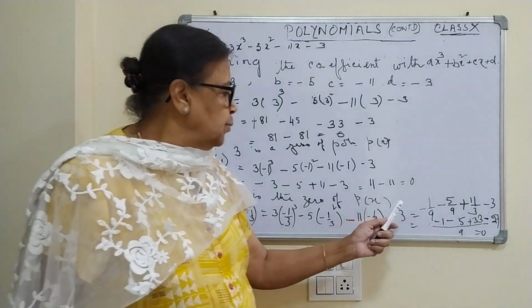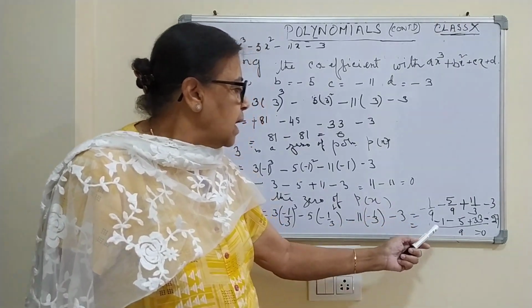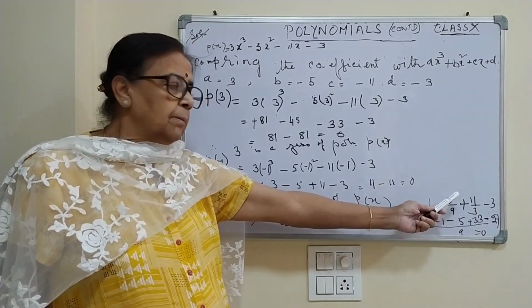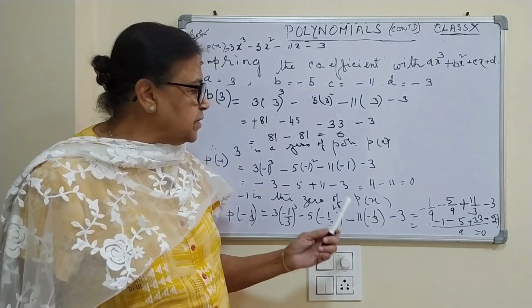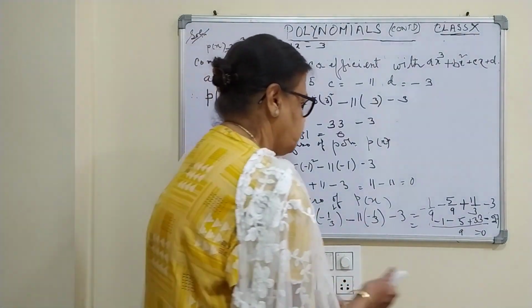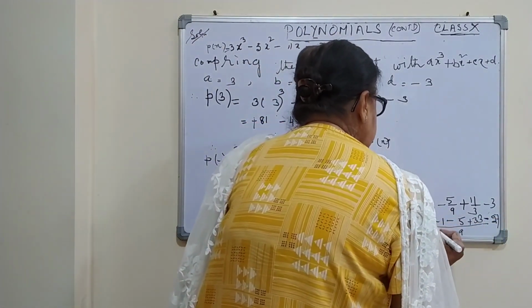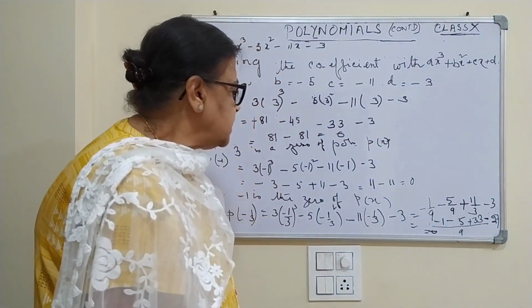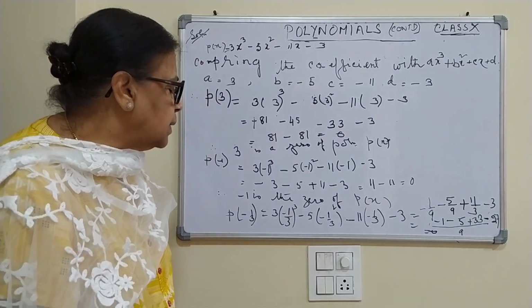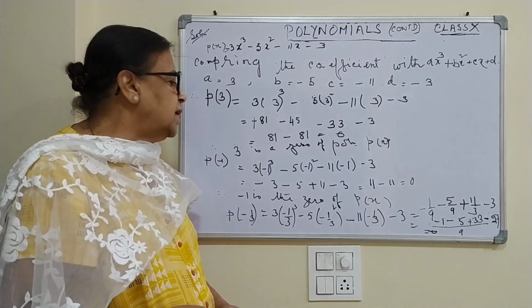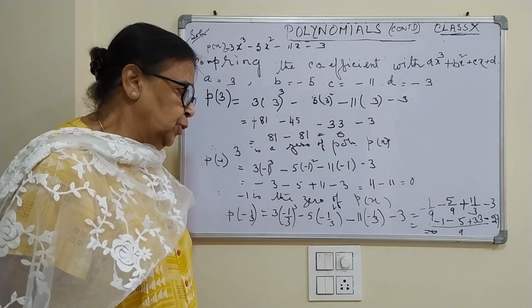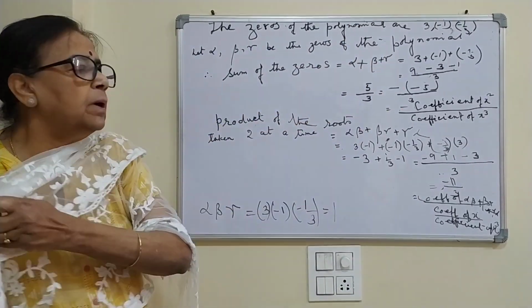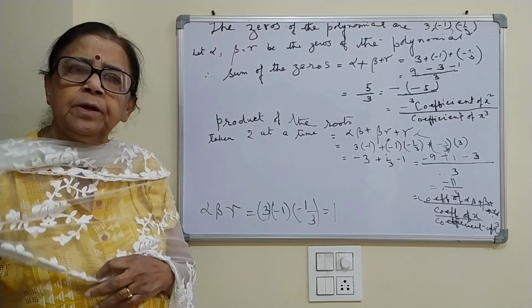That is equal to minus 1 by 9, minus 5 by 9, plus 11 by 3, minus 3, which results to 0. That means x is equal to minus 1 by 3 is a zero of the polynomial. The zeros of the polynomial are 3, minus 1 and minus 1 by 3.